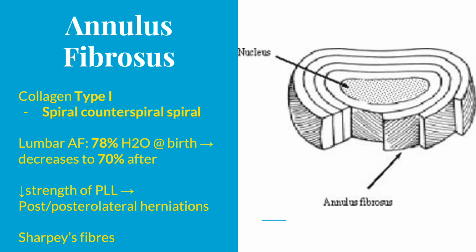And then that point about a decrease in strength: the PLL is going to support those intervertebral discs, but in the lumbar region, the PLL is thinner, and it's also directly behind that intervertebral disc, which is why we see more posterior and posterolateral herniations, because there's a decrease in strength of the annulus fibrosus.